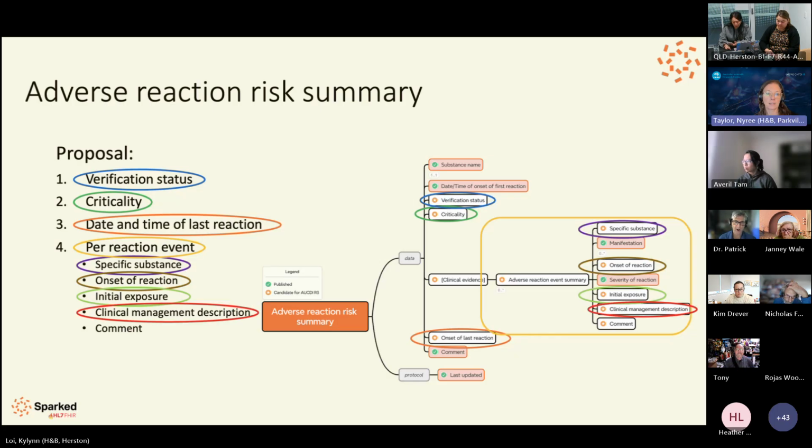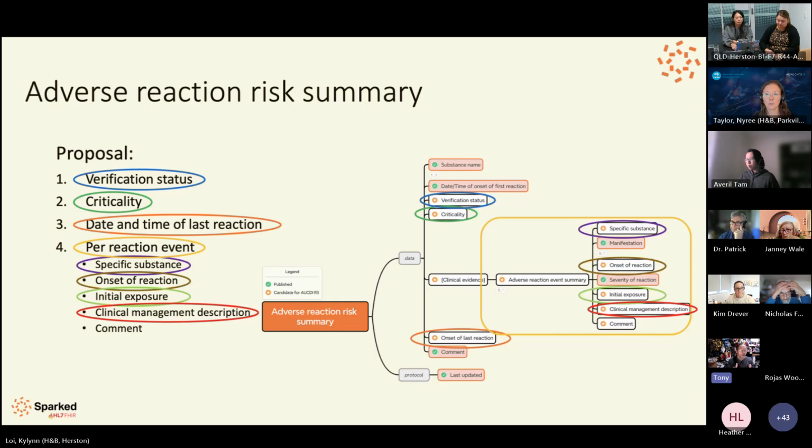Now, we've also added in the comment into the adverse reaction event summary because we felt that there might need to be more space or more details about the specific event that clinicians would like to include or have recorded. Yes, Tony.